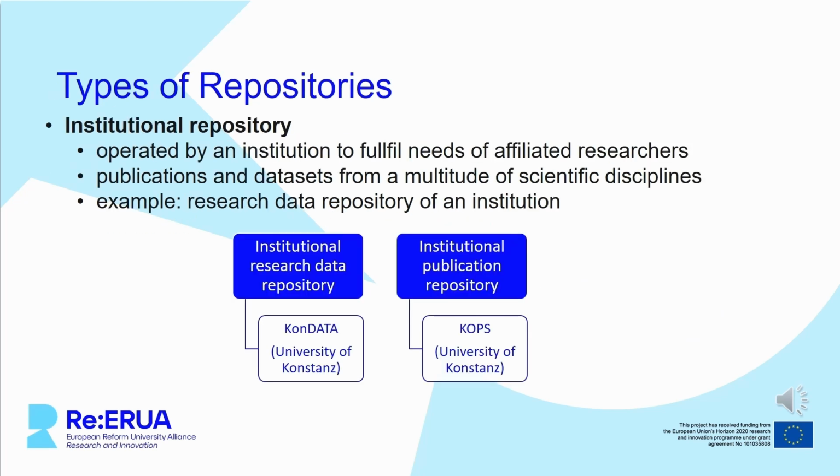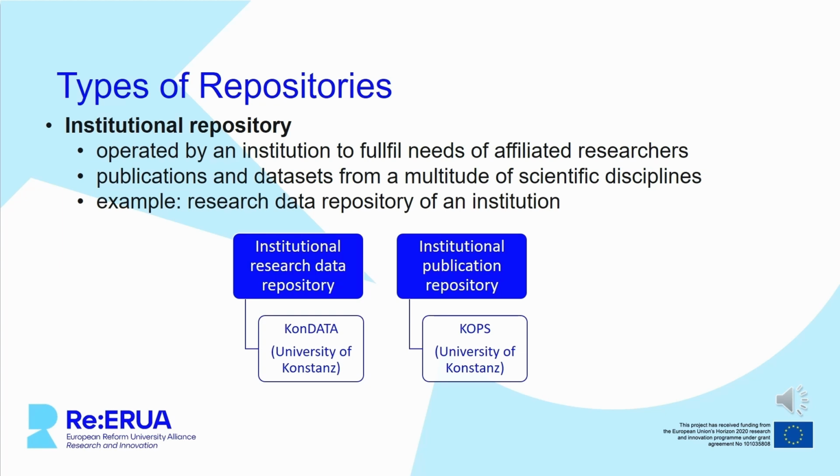An institutional repository is a repository that is operated by an institution and offers its service to members of this institution. This can be, for example, universities, colleges, or non-university research institutions. The holdings of such a service are very heterogeneous, as data sets from the various disciplines of an institution can be published and stored here.